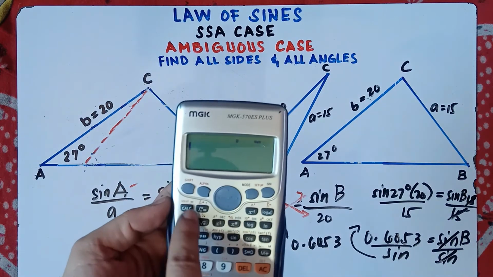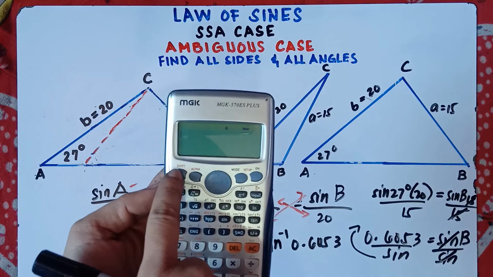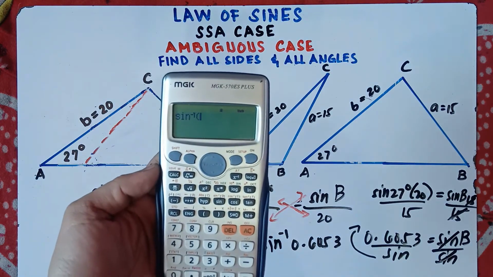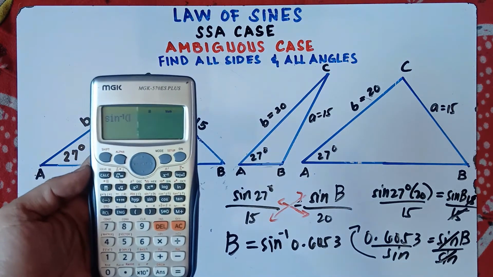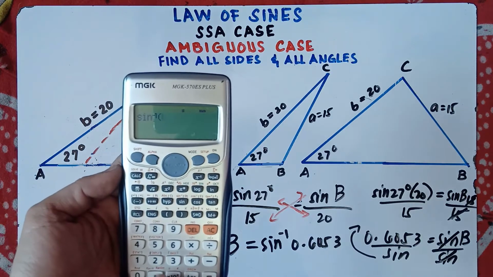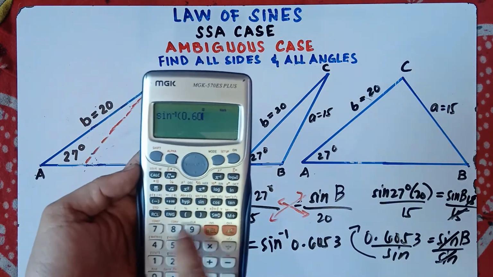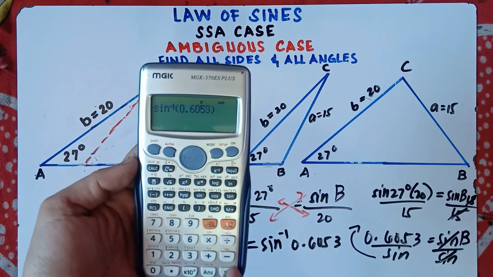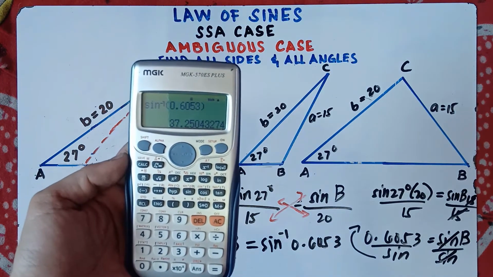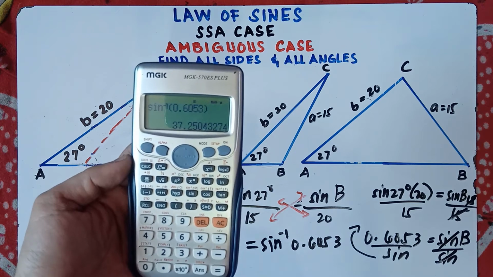To get inverse sine, you press shift, beside alpha, then sine, so you will have sine raised to the power of negative 1. Then 0.6053, close parenthesis, equals. So you will have 37.25.